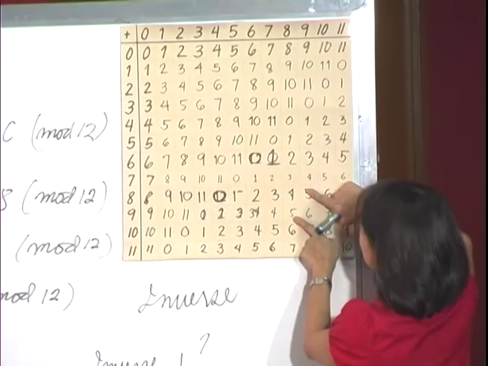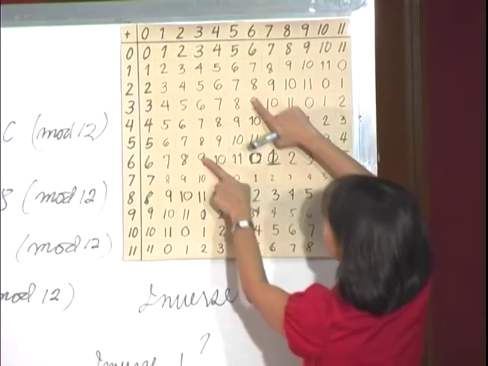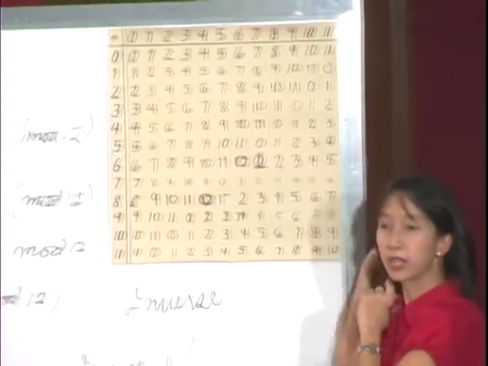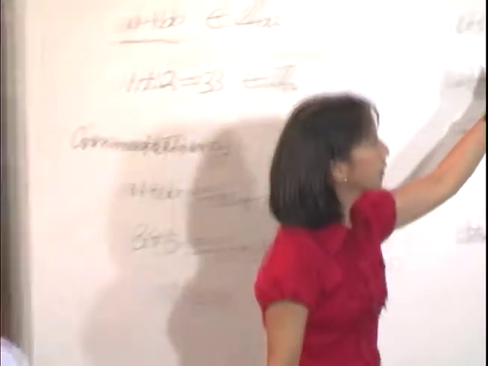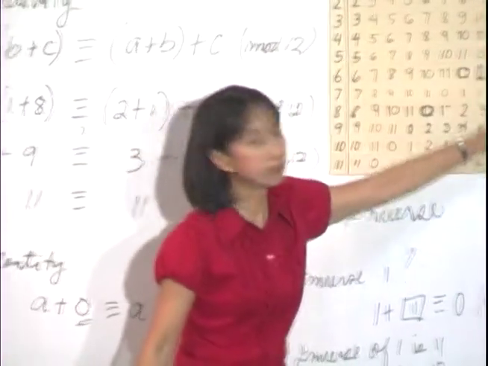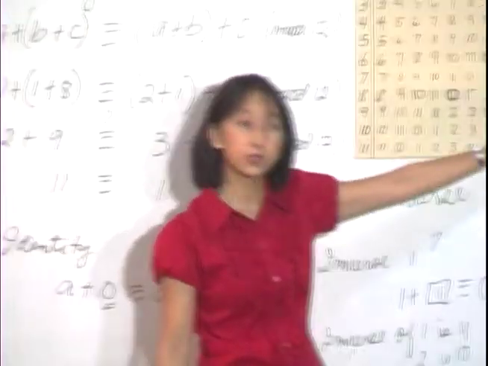What do you notice? How do we check whether a table is commutative or not? Yes, Ronnie? A table is commutative if we interchange the rows and the columns and the elements will be the same? Okay, so if we interchange, actually they are symmetric with respect to the diagonal.